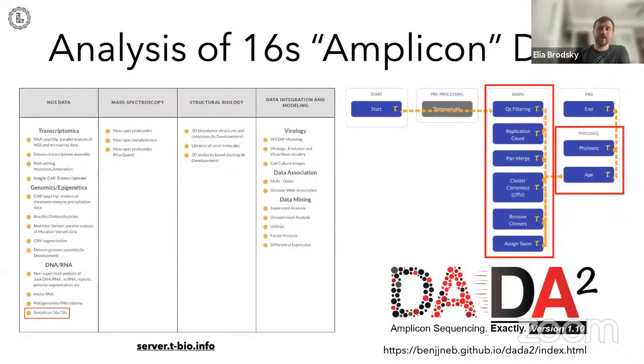Number three, the databases for annotation are really lacking some information at the lower taxonomy levels. And number four, at the end of that, we really do not understand in full detail how to interpret the differences in composition, be it differences in taxonomic abundance or differences in composition in terms of diversity and things like that.